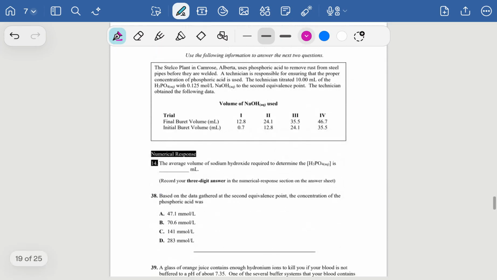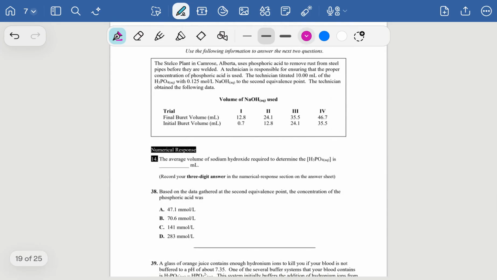Now I'm finding that these questions are starting to get very repetitive, which is a good sign, because then you know these are the type of questions to expect to see. So this one, numerical response 14, it is telling you information about where you are to get to your second equivalence point. So that part matters a little bit more for question 38, and we'll get there in a moment.